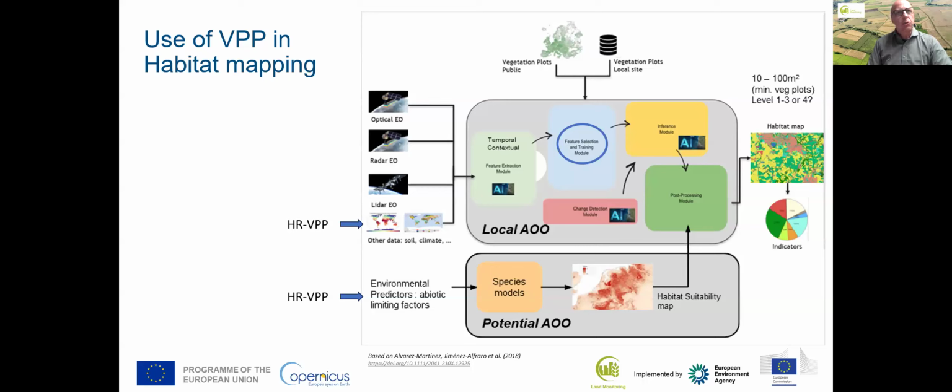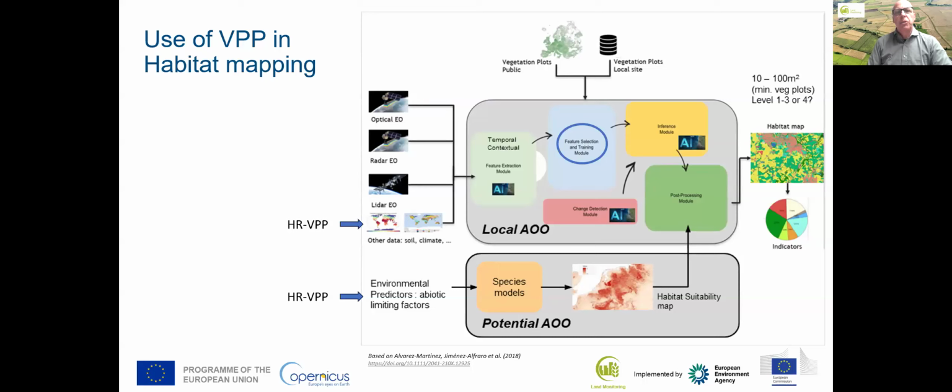The second one, the top part, is machine learning. More new state-of-the-art machine learning techniques have been used to conduct habitat mapping. So not suitability mapping, but really categorical classifications for the habitat map, from which you can derive policy indicators.